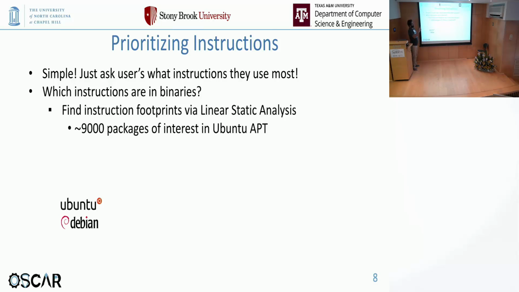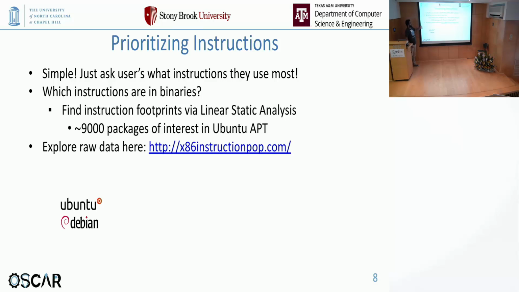We can get into why that particular choice of analysis method later if we have time, or the details are in the paper. We analyzed about 9,000 packages from the Ubuntu apt repositories. Packages are just the unit of distribution in apt. And once we had that, we built a visualization tool that I'll show you at the end of the talk, where you can explore the raw data.